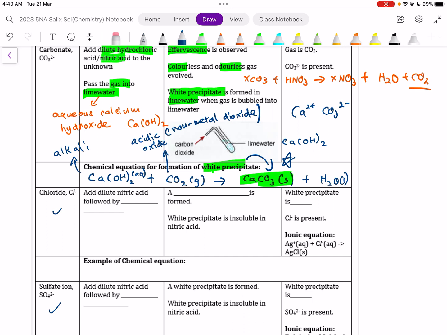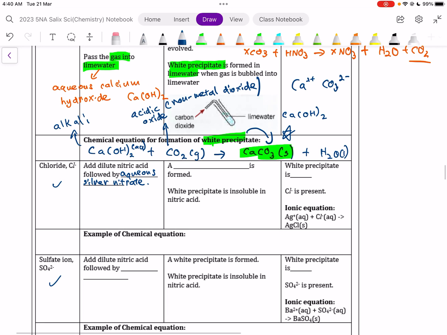So now you have your chloride. For chloride, you add dilute nitric acid followed by aqueous silver nitrate. These two you will see a precipitate.